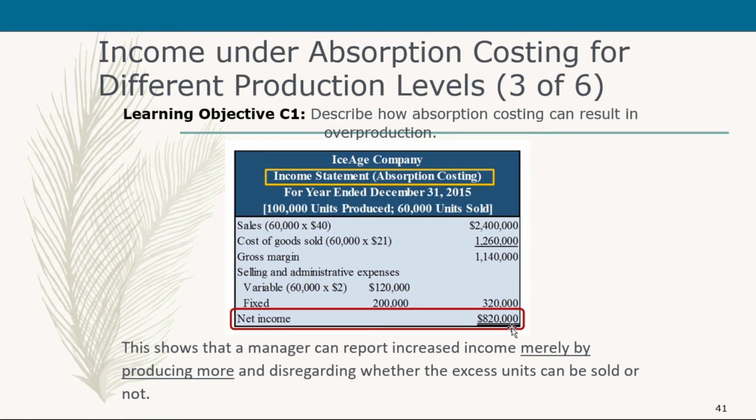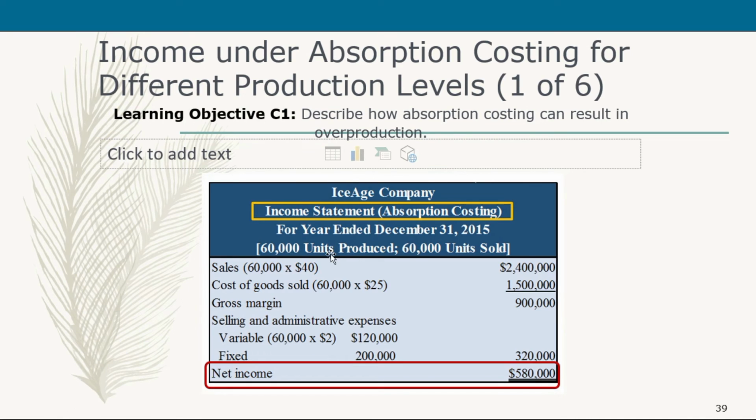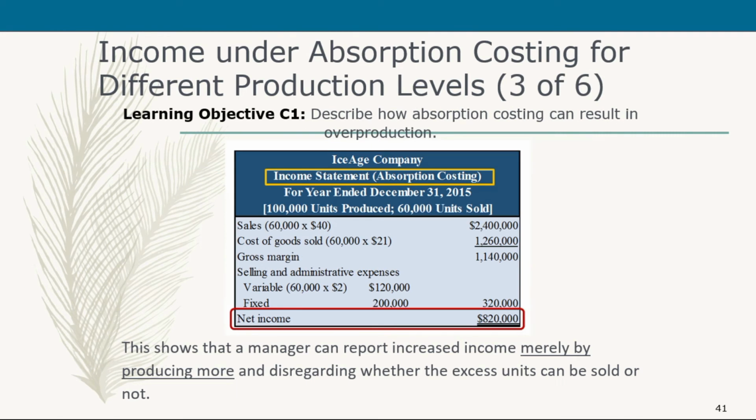So, it is higher by $240,000 as compared to your income statement wherein your units produced is 60,000, the same wherein your units produced is equal to your units sold, which is 60,000 units. And the difference is $240,000. Okay?